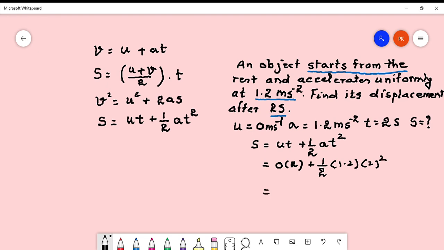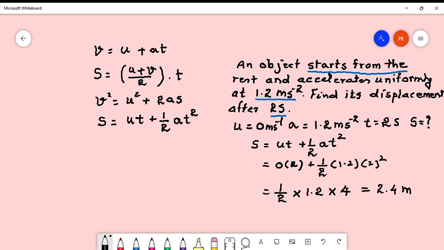So 0 into 2 is 0, so half into 1.2 into 4. So 4 and 2 cancels. Obviously we'll do it on the calculator. So 1.2 into 2, that is 2.4 meters. That means the displacement of this object after 2 seconds will be 2.4 meters.